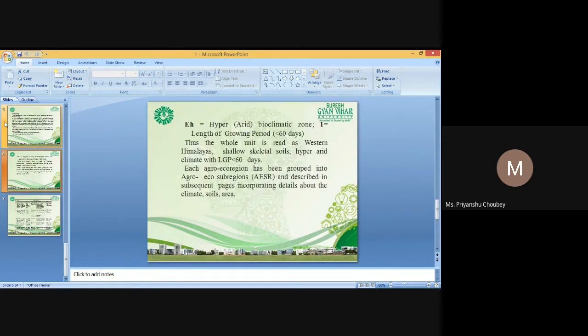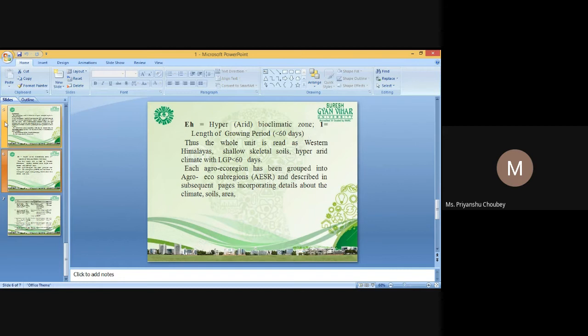The hyper-arid bioclimate zone is 1, with length of growing period less than 60 days. Thus, the whole unit is read as a Western Himalaya shallow skeletal soil, hyper-arid climate with LGP less than 60 days.